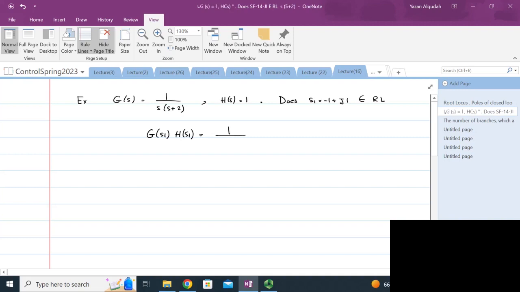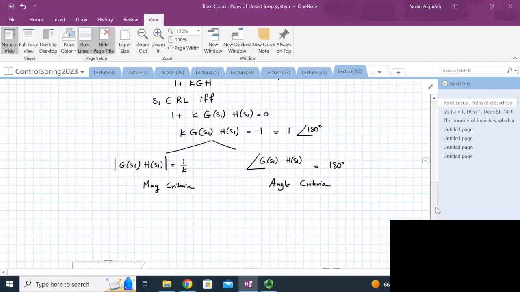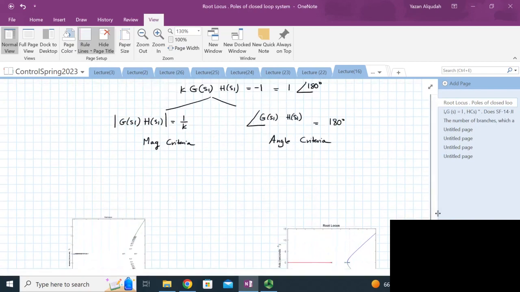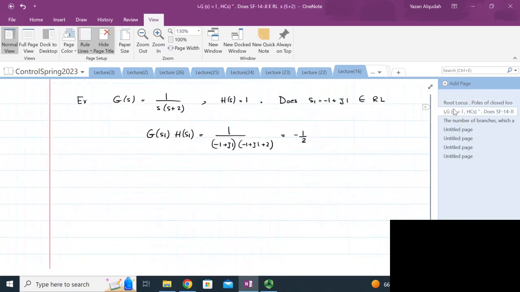which is going to equal 1 over negative 1 plus j1 multiplied by negative 1 plus j1 plus 2. What is this going to equal? Negative 1 over 2. So if I go back to my criteria, I want the magnitude of g of s1 multiplied by h of s1 to be 1 over k, and I want the phase, or the angle, to equal 180 degrees. Does this meet the angle and the phase criteria?